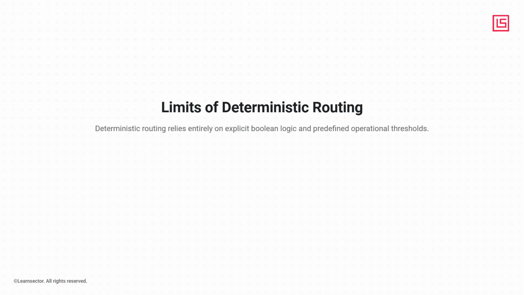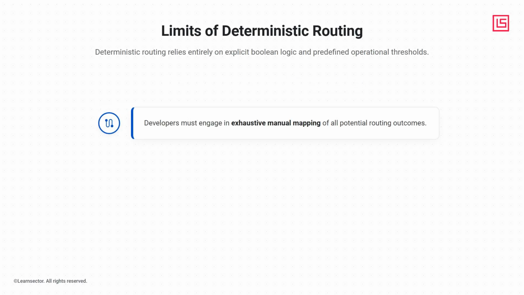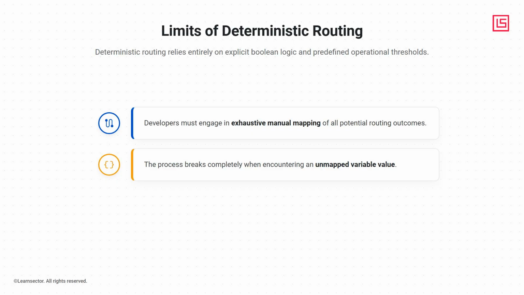Deterministic routing relies entirely on explicit Boolean logic and predefined operational thresholds. For a process to work, developers must engage in exhaustive manual mapping of all potential routing outcomes, anticipating every exception. When encountering an unmapped variable value, deterministic routing breaks, causing the process to fail.